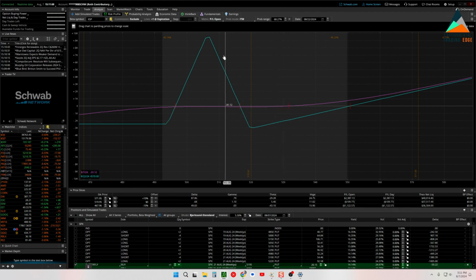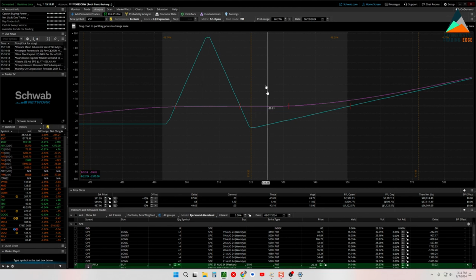But for instance, with a butterfly and a call relationship right here, there's extra extrinsic value here and lower extrinsic value here, relative to that extrinsic value and relative to the probability of the expirations on those options based on my models, right?